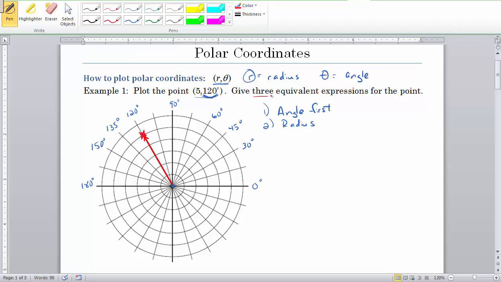Now I want 3 equivalent expressions for that point. Again, with a little magic, you should take that arrow that possibly you've drawn and extend it in a straight line. Then we're going to label some things. So this is 120 degrees, but what is this angle?